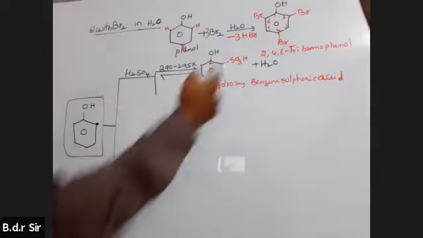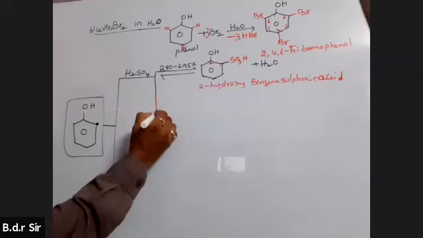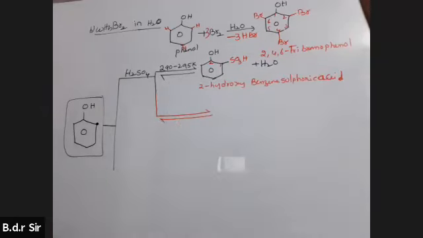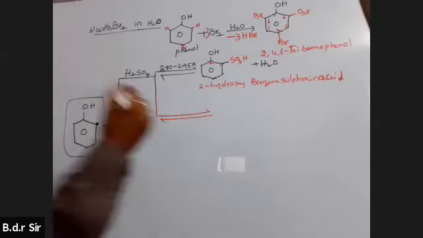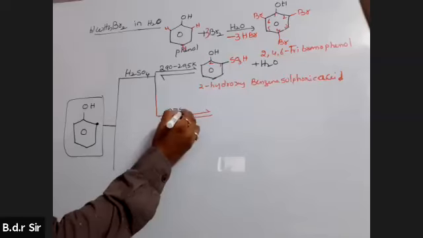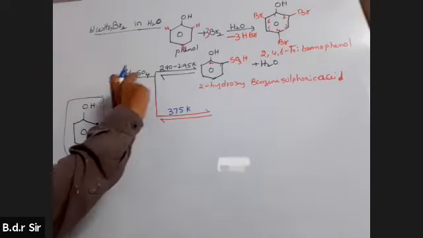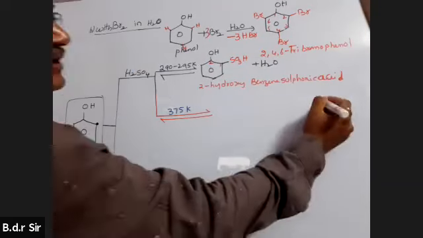Simple ortho isomer. If you take 375 Kelvin, at the para position, hydrogen, here hydrogen, one oxygen converted into water.